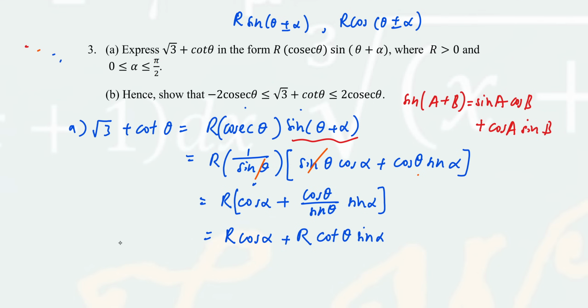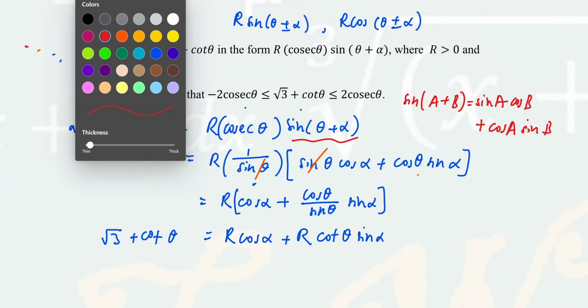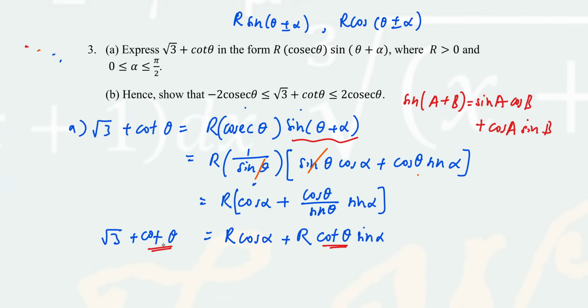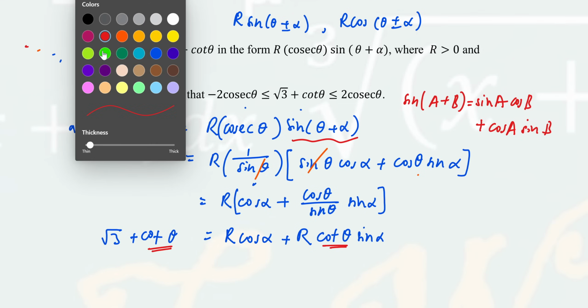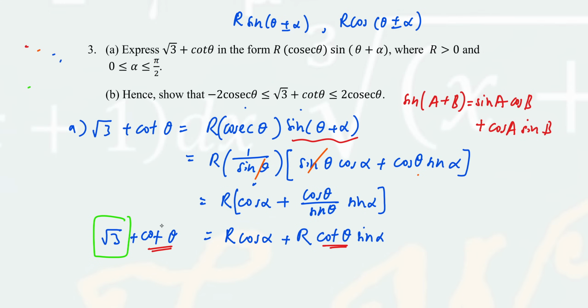And then from here, I can just check. This is square root 3 plus cotangent theta. So what to do here is, you see here, the cotangent theta is the second term. That means now when you do comparison, left and right side, square root 3 is basically r cos alpha.